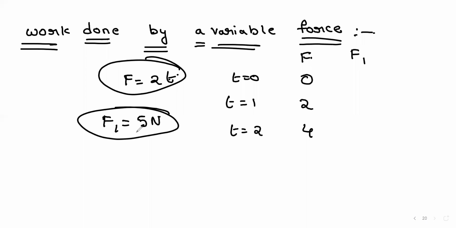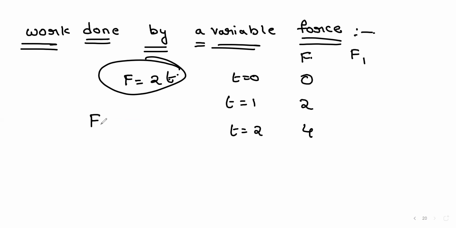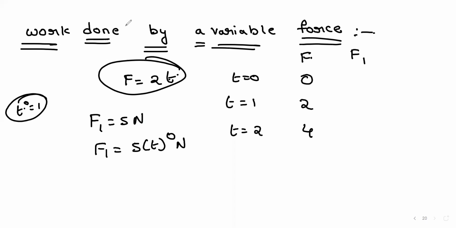At t equal to 0 seconds, what is the force? 5 Newton. Okay, I will write F1 is 5 Newton, right? Can I write F1 as 5 into t power 0? Yes, sir. Why? Because t power 0 is 1. Now I'll substitute.